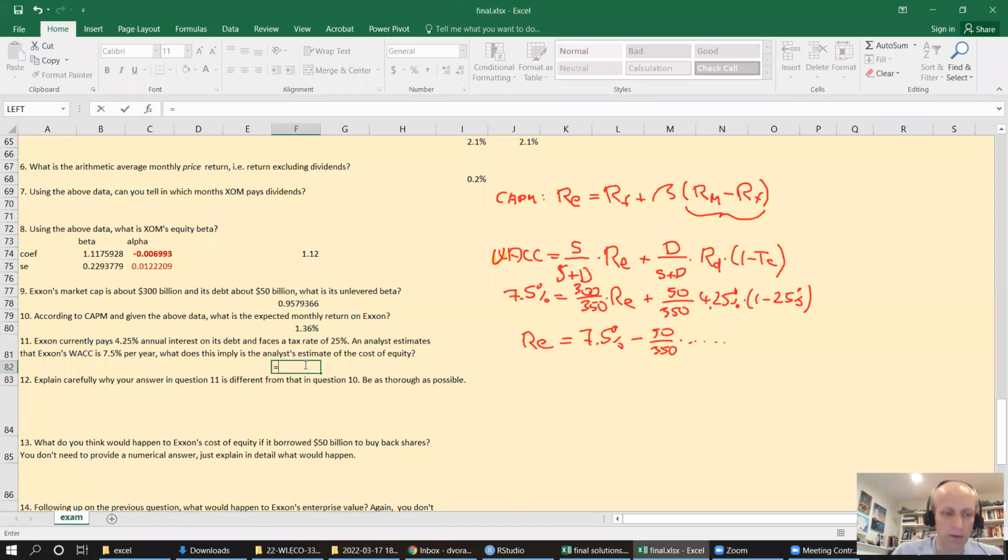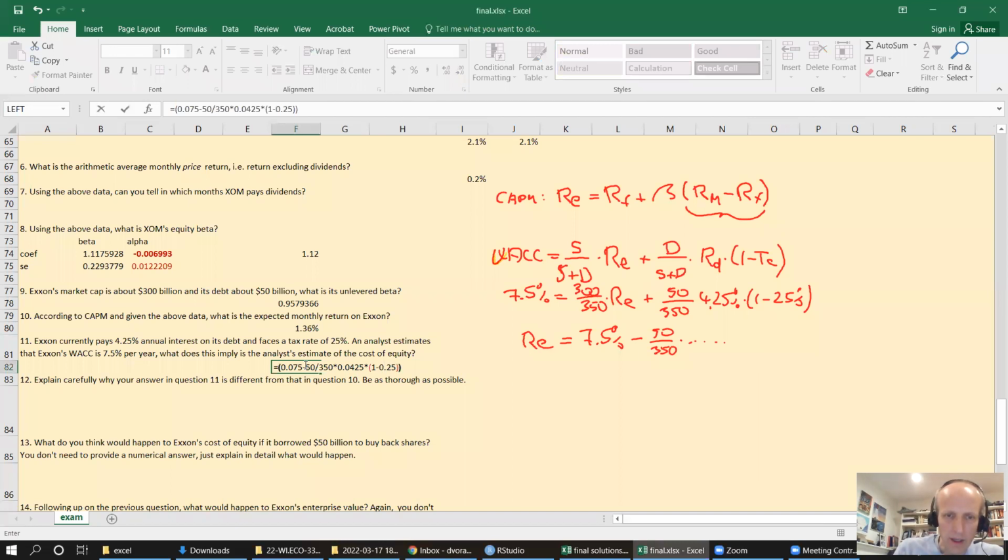What we're looking for, I'm going to put it in parentheses, is 0.075, and from that we're going to subtract 50 divided by 350 times 0.0425 times 1 minus 0.25.